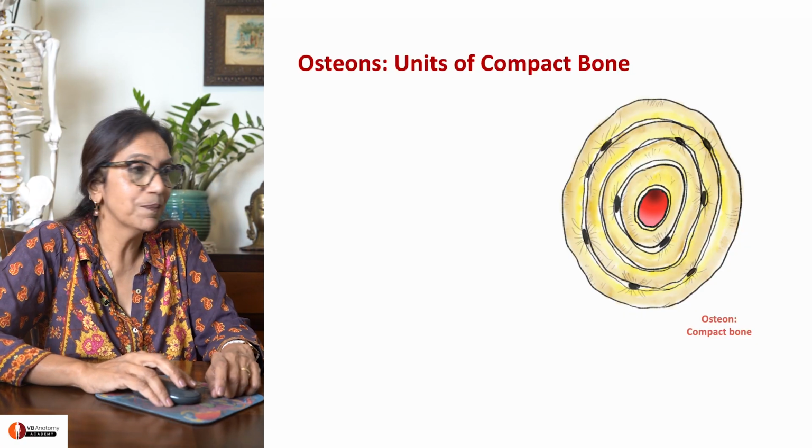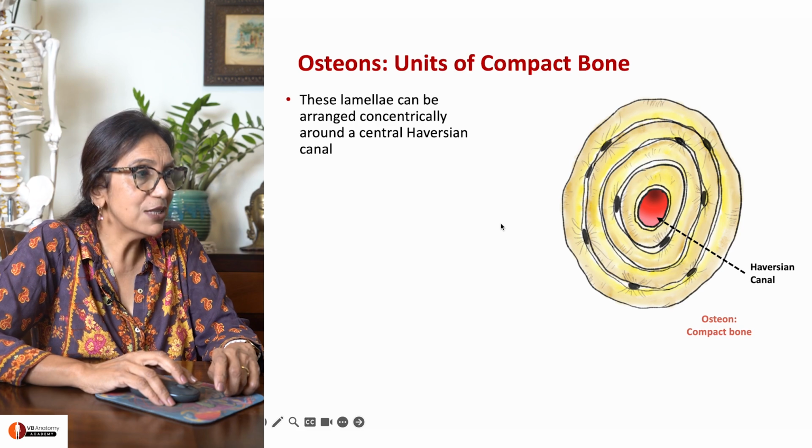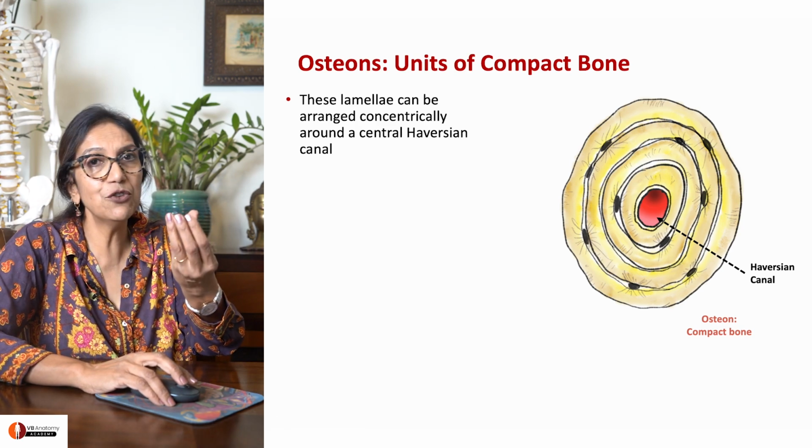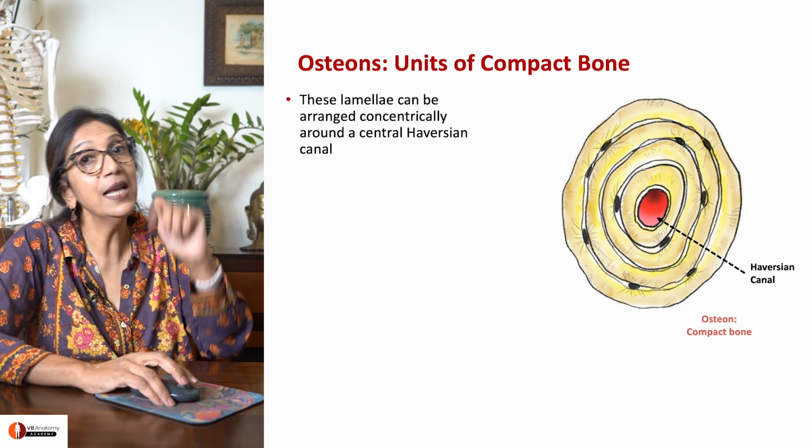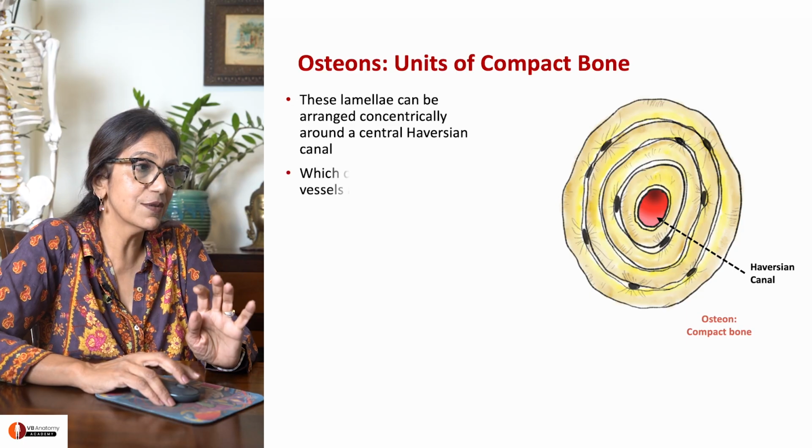Right, so this structure that you are seeing has a central canal called the Haversian canal containing blood vessels and nerves.